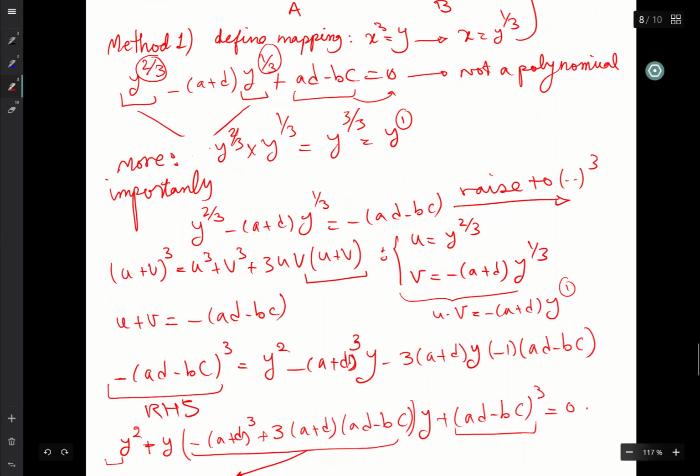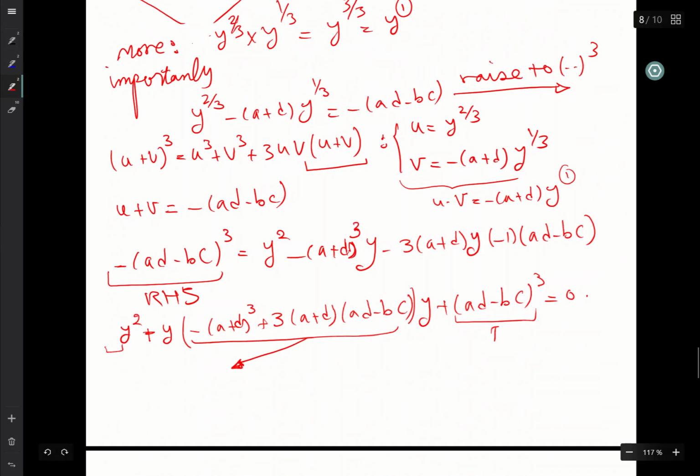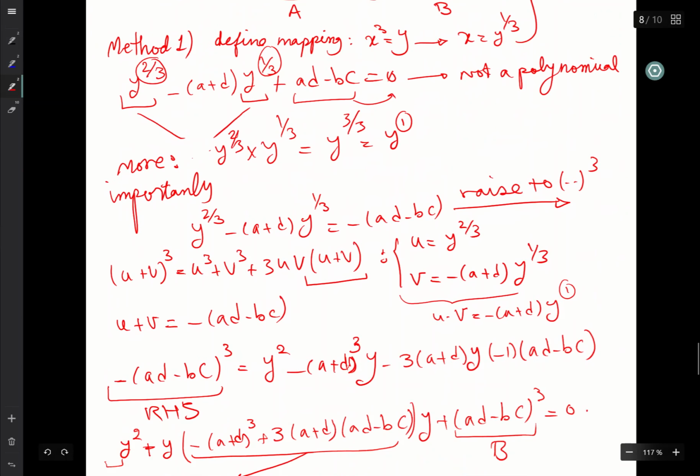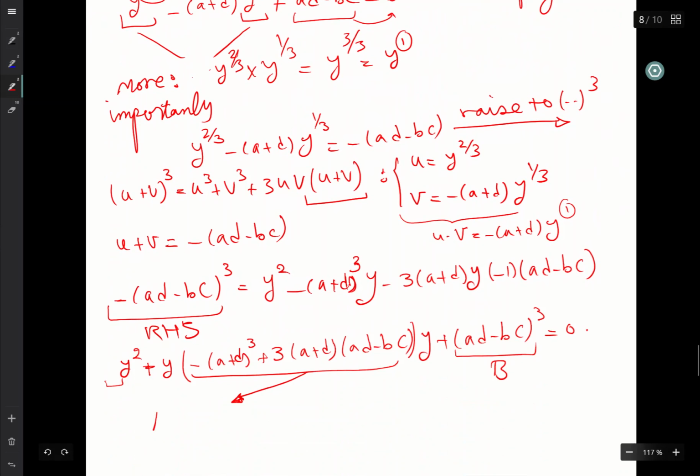Okay, we already calculated this b, and we showed that it's exactly the same. What is this a? Let's factor out the minus sign.